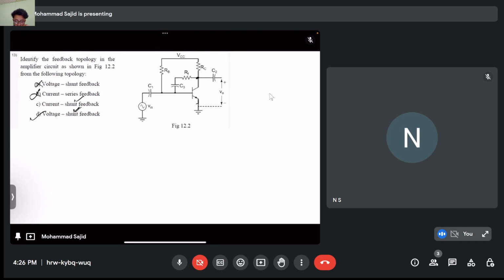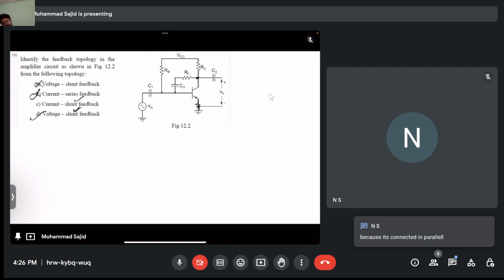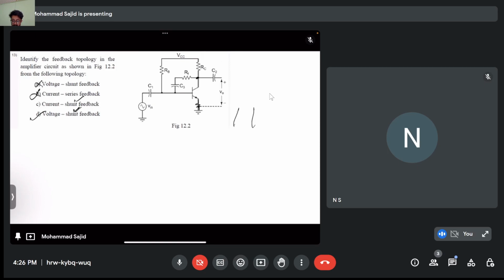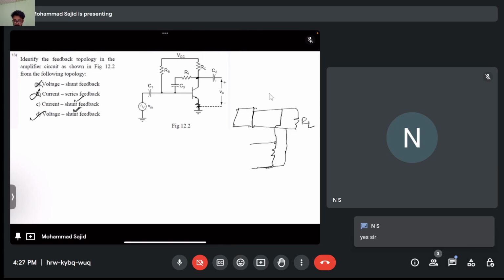If I had a resistor here, so parallel, when at output it's connected in parallel, that means it is a voltage sample. For example, this is the load and you connect your feedback here. You see this kind of image, right? This is connected in parallel, so it is a shunt. The sample is voltage, right?